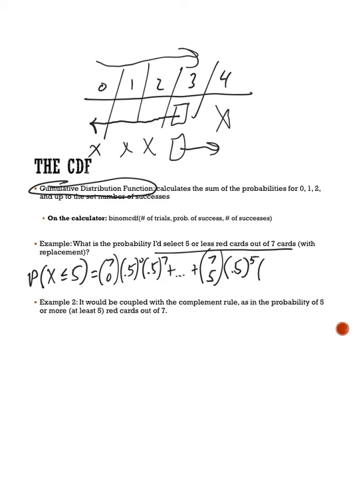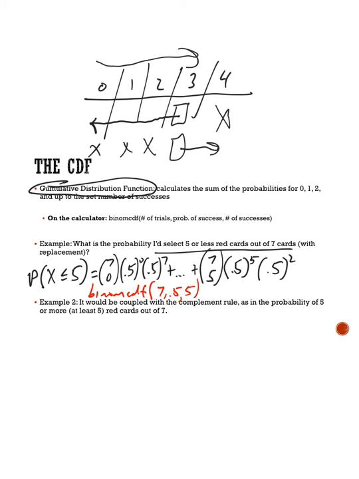Or on our CDF here, this would be binomial CDF, 7 trials, 50% chance of a success, 5 successes.